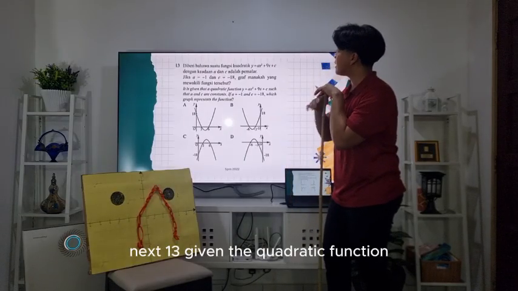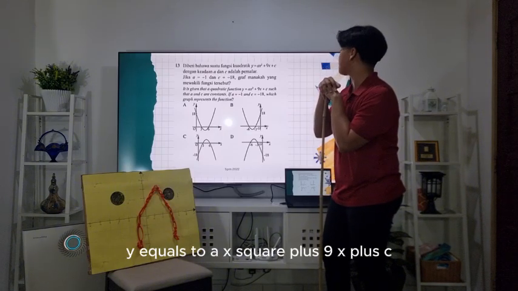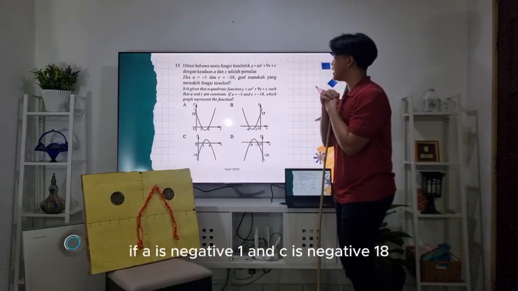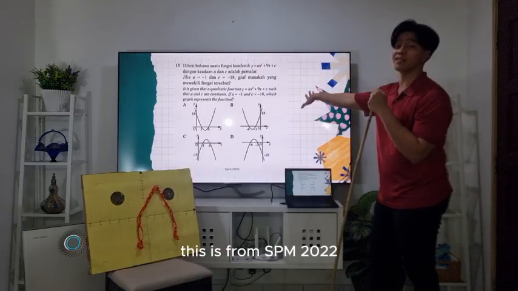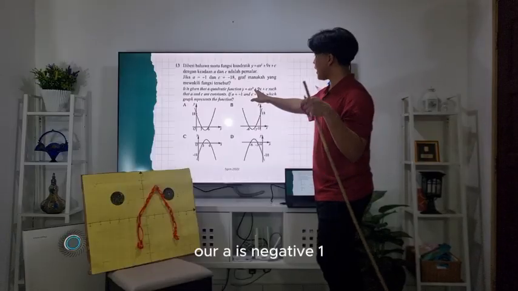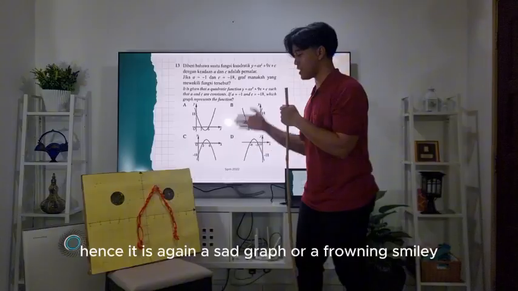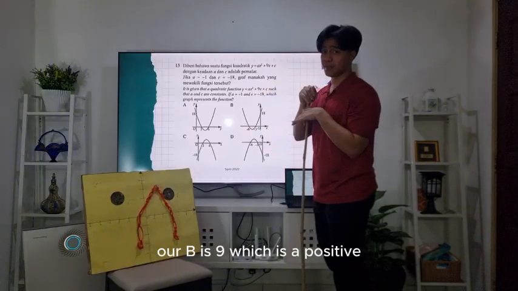Next, 13. Given the quadratic function y equals to ax squared plus 9x plus c, a and c are constants. If a is negative 1 and c is negative 18, which graph represents this function? This is from SPM 2022. Our a is negative 1, hence it is again a sad graph, or a frowning smiley. Our b is 9, which is positive.